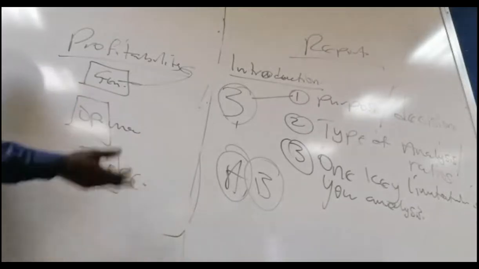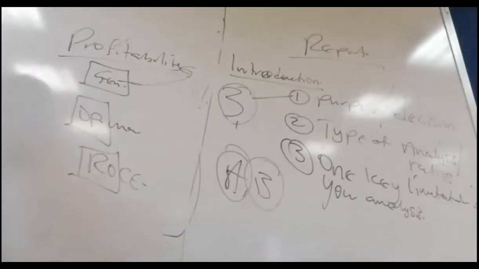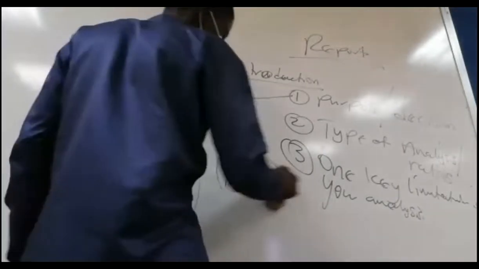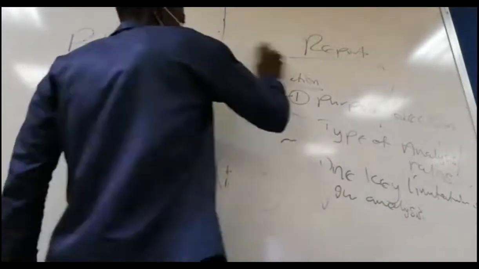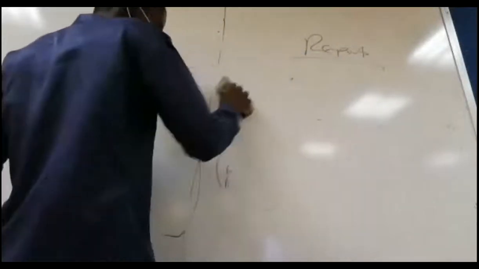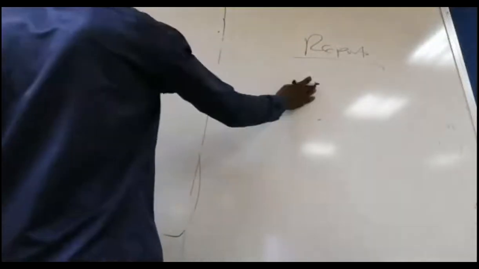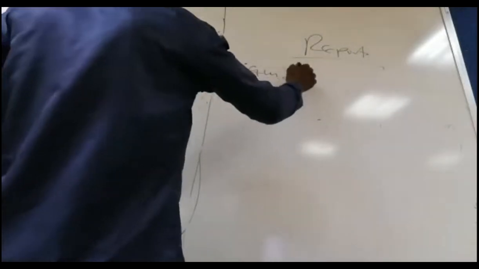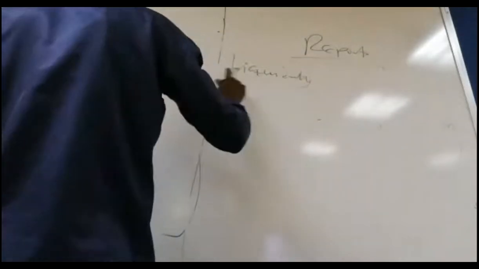In terms of operating profit margin, you pick it, then you explain it. Assuming that you're going to talk about three key ratios, when you're done with profitability, the next paragraph you write liquidity, and underline it.